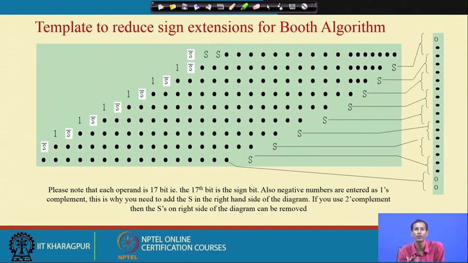So, what is the logic behind putting this 1 and s bar? It is not that it is coming from the air, there is a logic behind it. We will take an example and see how we can do that.